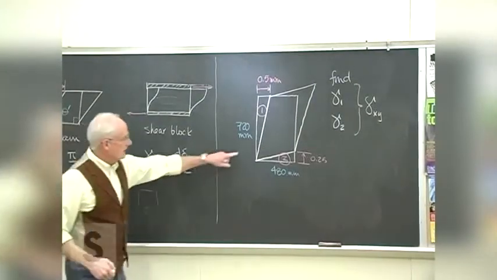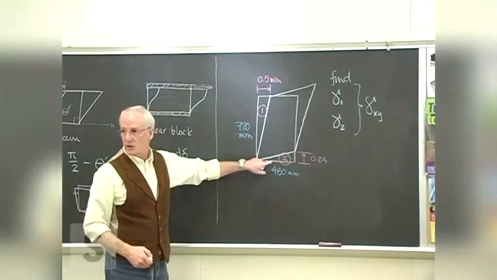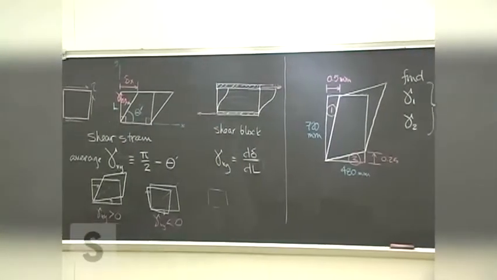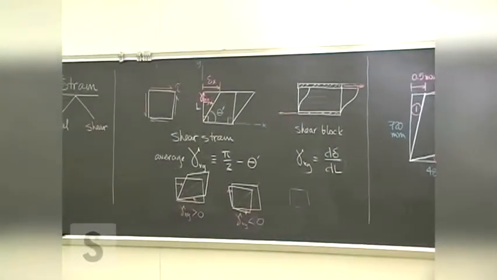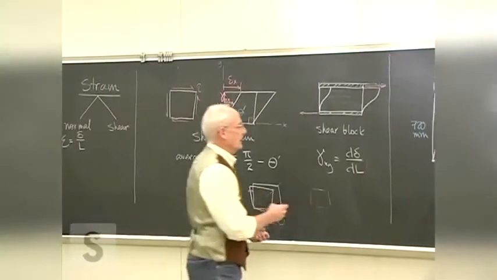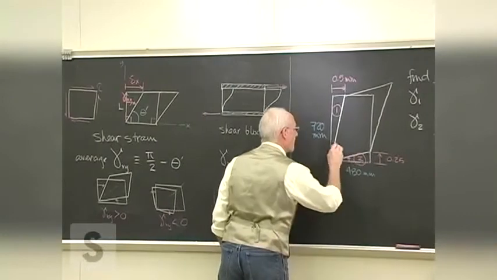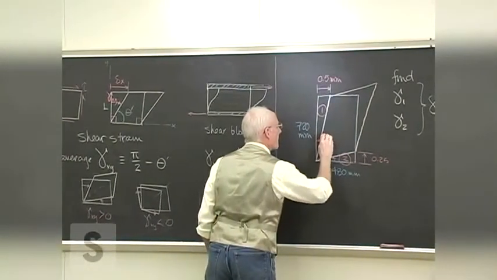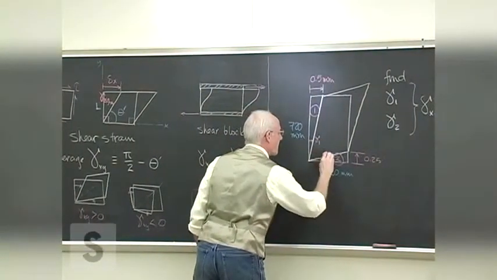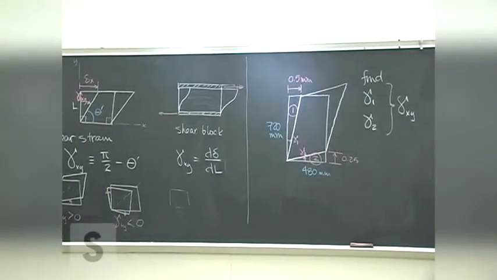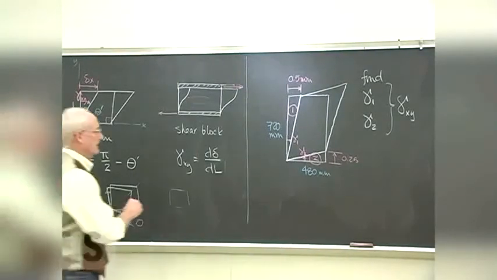Remember, the original 90-degree corner here, the total change in that angle is the shear strain. And the two of those added together is the total shear strain.